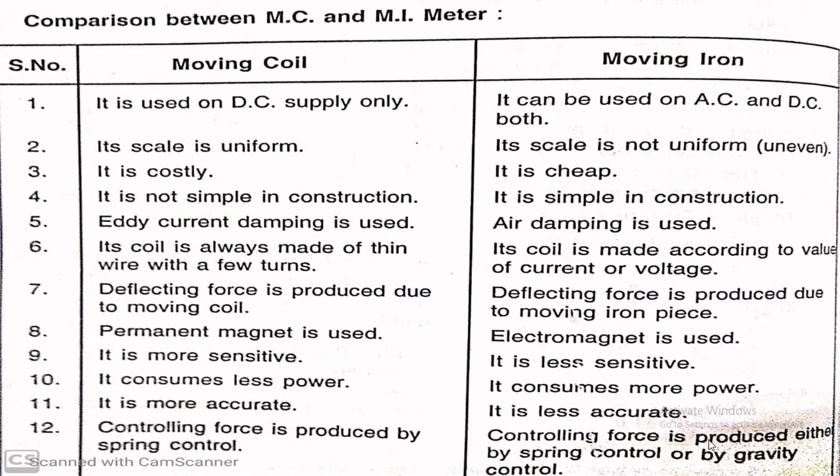Which instrument is used on both AC and DC? You can tick moving iron instrument. Like that the questions will come in the examination. Before choosing the answer, think twice. Why? Because there is a lot of confusion between the moving coil and moving iron. Strictly remember that moving coil works on only DC, whereas moving iron works on AC and DC.